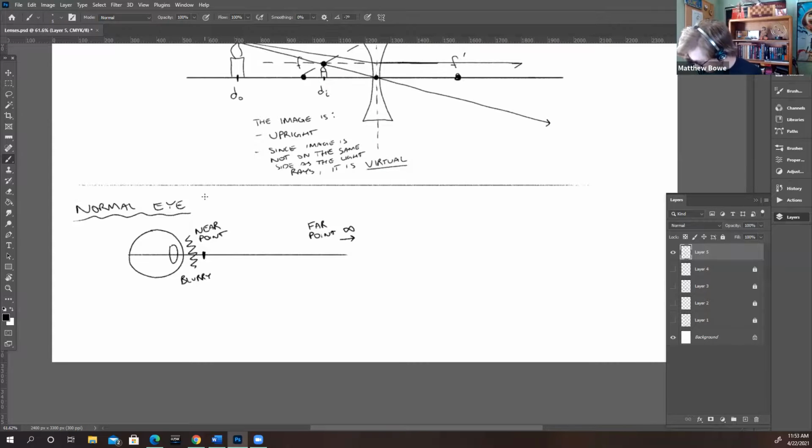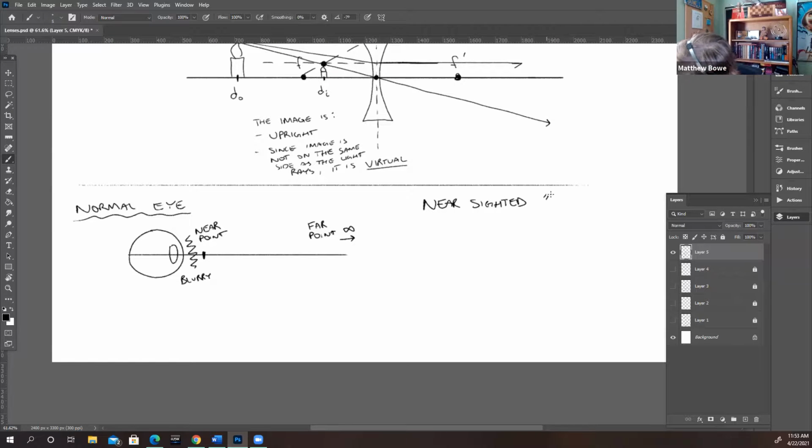Okay. Let's look at two other types of eyes. For nearsighted, there's nearsighted eyes. Nearsighted. I've always been confused with this.